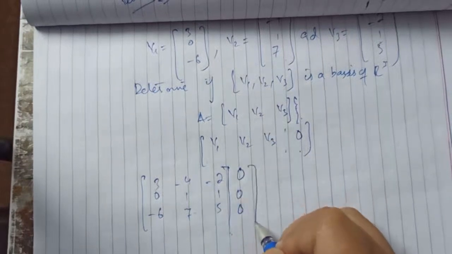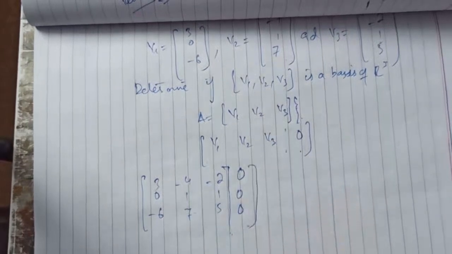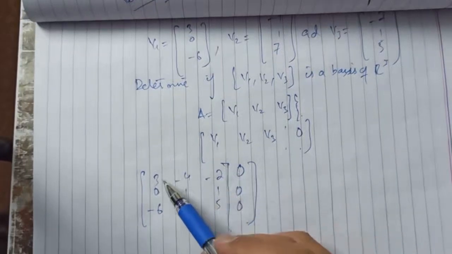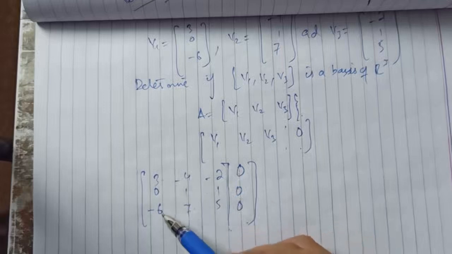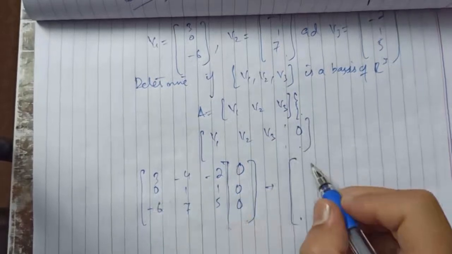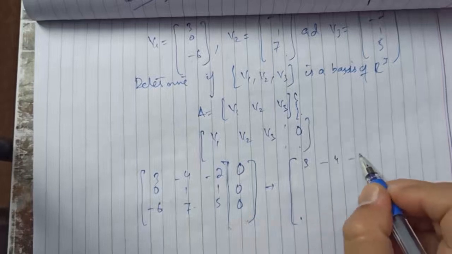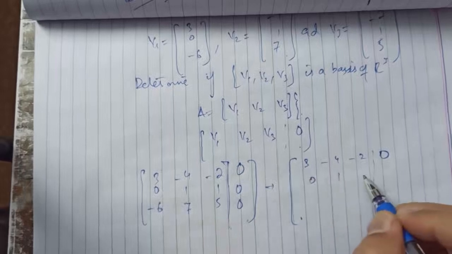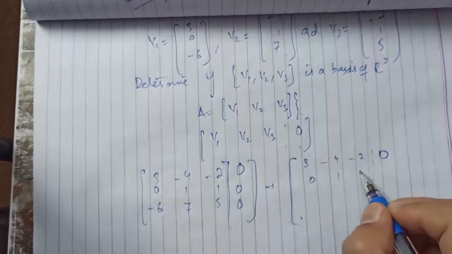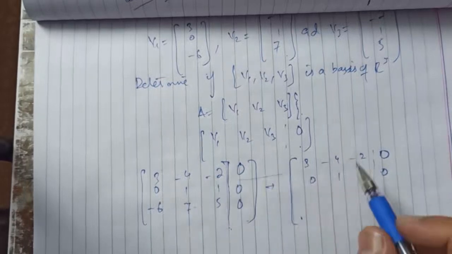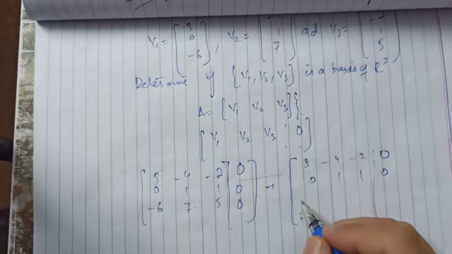So you can think of this as doing a row operation on the third row, which is multiply this by 2 and add it here. If I do that, it becomes 3, -4, -2, and then I have 0, 1, 1 here, and 0 here. If I multiply by 2 and add it in the third row, that becomes 0 here.